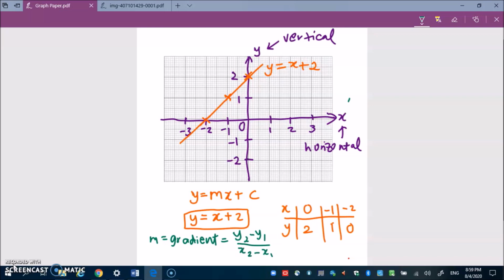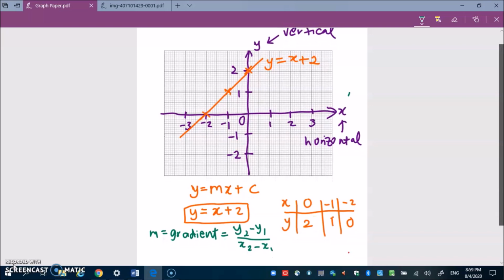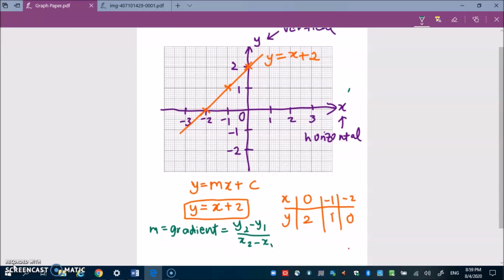So for example, in this case, if I want to choose 2 points and find the gradient, let's say I choose this one, (0, 2), and this point here, (-2, 0). Let's say this is my x1, y1, and this is my x2, y2.